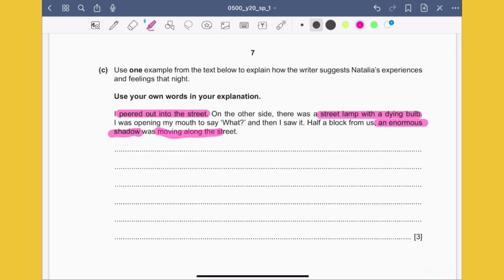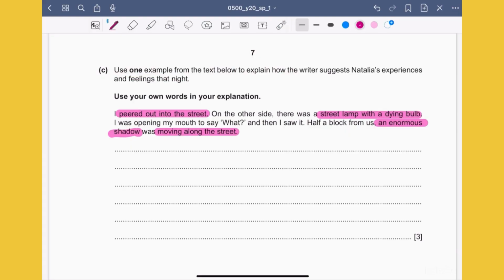'Moving along the street' is another phrase you can choose. Then what do you do? Then you analyze that chosen phrase. Let's say 'an enormous shadow' is the phrase that you have chosen. That's the one example that you're going to explain.